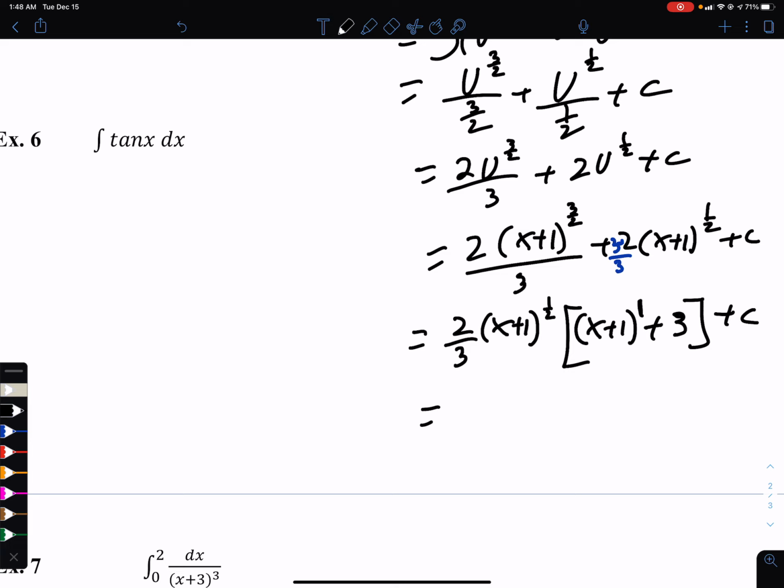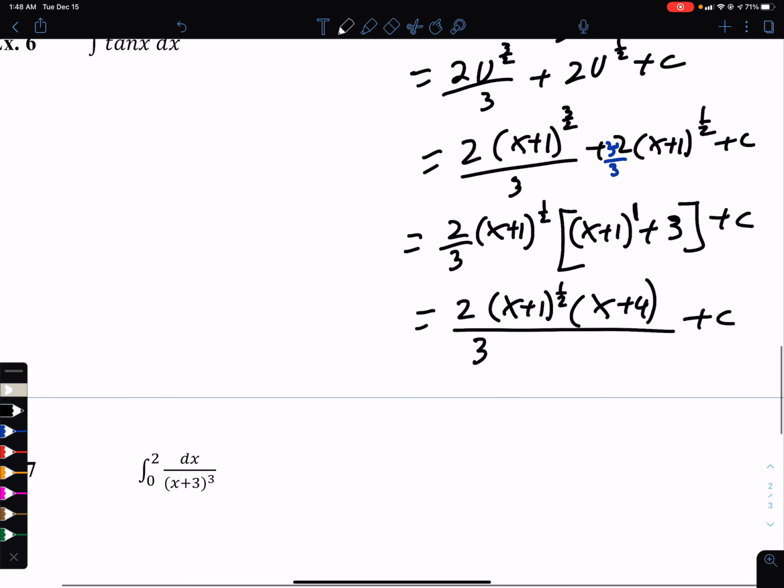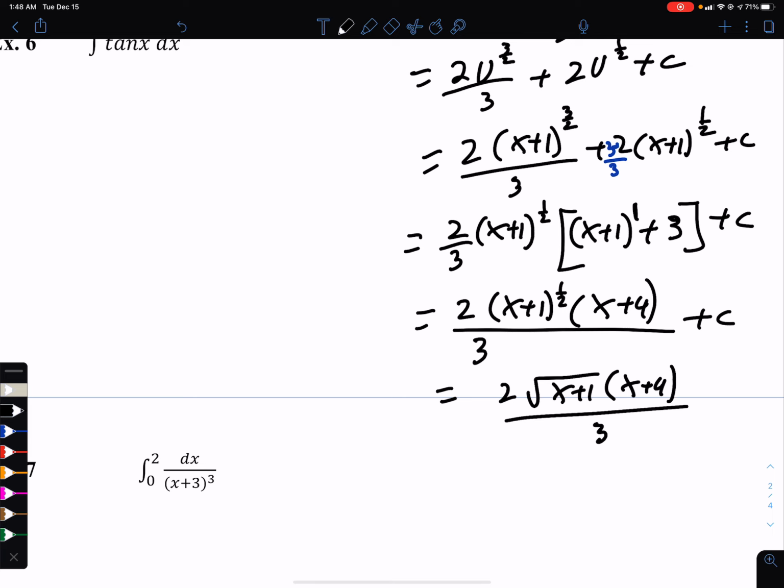And then magical things happen. (x plus 1) to the 1/2. And this is going to be x plus 4 plus c. Kind of cool. 2 square root of x plus 1, times x plus 4, all over 3 plus c. That's just another form of an answer, just doing some algebra stuff.